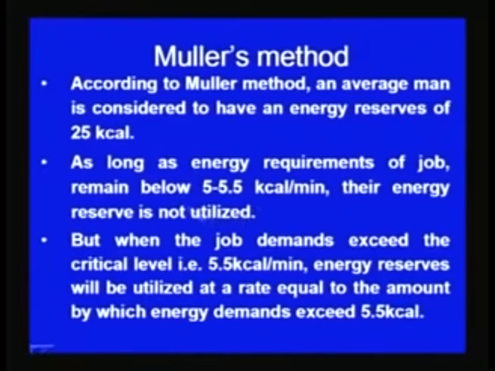The value of this acceptable upper energy limit can vary from one organization to another. Depending upon the energy cost of the work to be carried out by the worker, the stored energy will be depleted, and the rate of depletion will depend upon how much extra energy is required when the job is done.